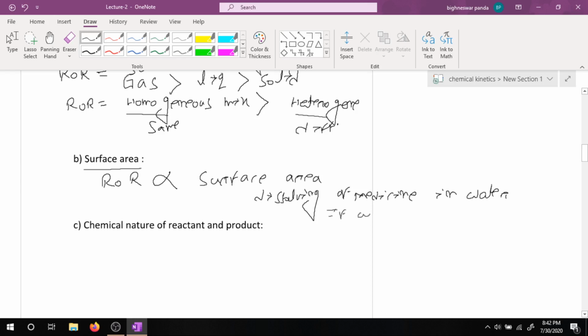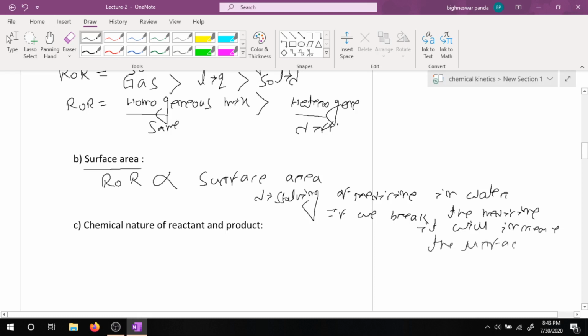If we break the medicine, it will increase the surface area, so it will easily dissolve. Another example: you can consider a log of wood burns slowly as compared to when the wood is cut.